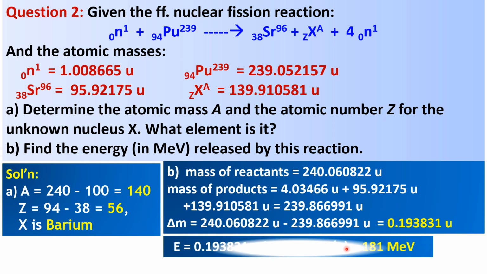So we simply multiply that delta M by the constant 931.5 million electron volts for every AMU. And the equivalent energy is 181 million electron volts. This is the answer to letter B, the energy that is released during this nuclear fission reaction involving plutonium 239 bombarded by a single neutron.